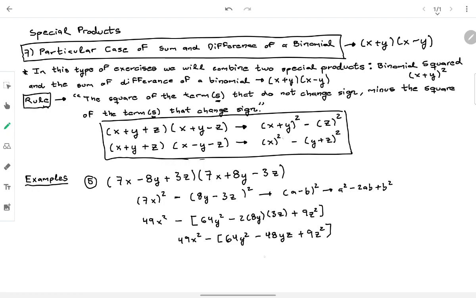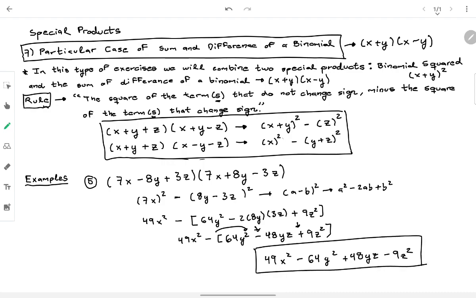So our final answer is going to be 49x squared minus 64y squared. Remember, this minus sign will change all the signs in the parentheses, so it will be plus 48yc minus 9c squared. So this is going to be our final and ordered answer.